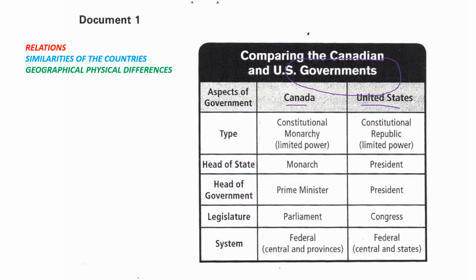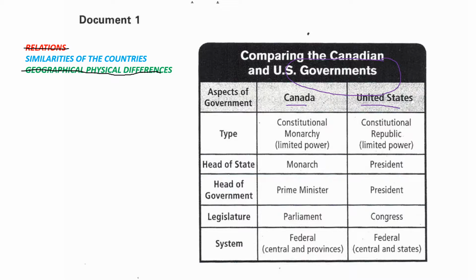Is there anything about this about the physical geography? Well, we know right away from looking at this chart and reading the title that we're not going to learn anything about the physical differences of the geography. If I look closer, this does not give me any information about whether or not Canada and the United States get along with each other. So I can't use this document for relations.